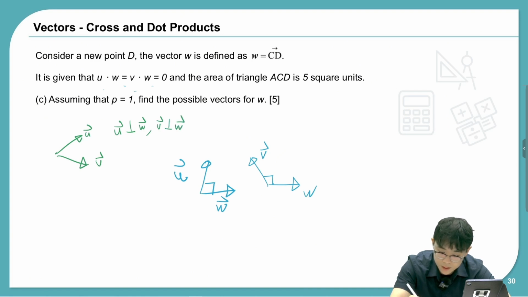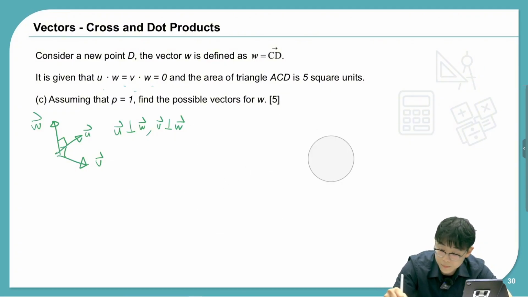So w would look something like that. So the vector w is the result of taking the cross product of u and v together.